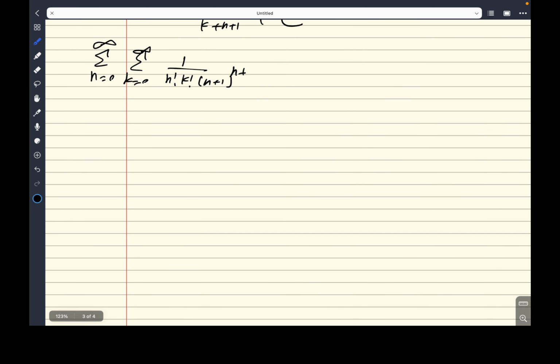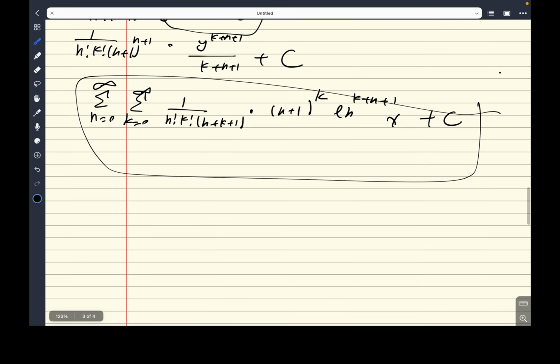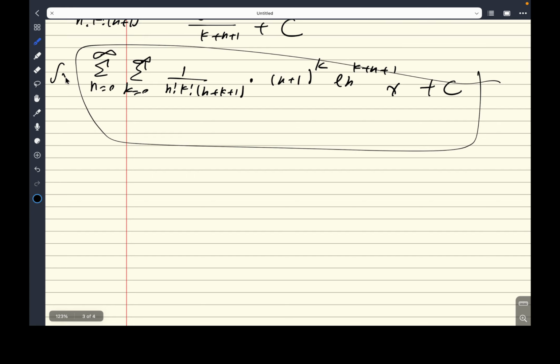Oh sorry, made a mistake here. It's going to be n factorial k factorial times n plus k plus 1, times n plus 1 to the power of k, ln to the power of k plus n plus 1 of x, plus c, some constant of integration. So this is our final result of the x to the x dx integral, which is an indefinite integral.